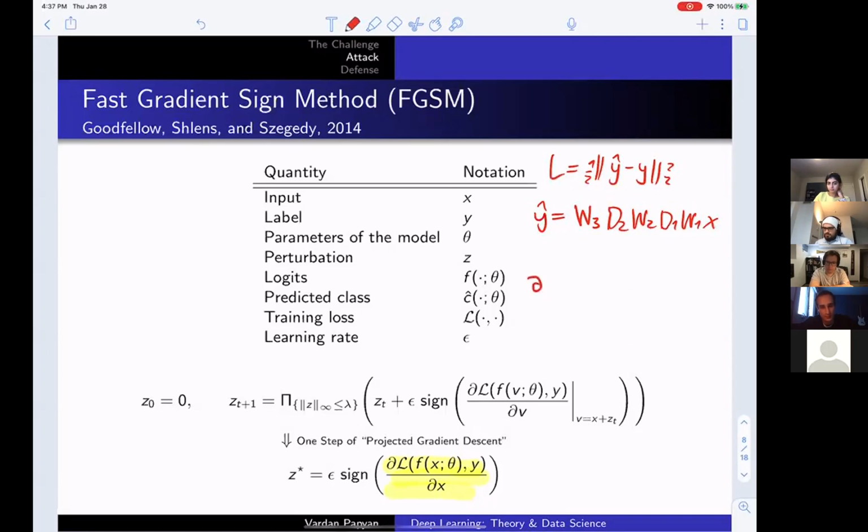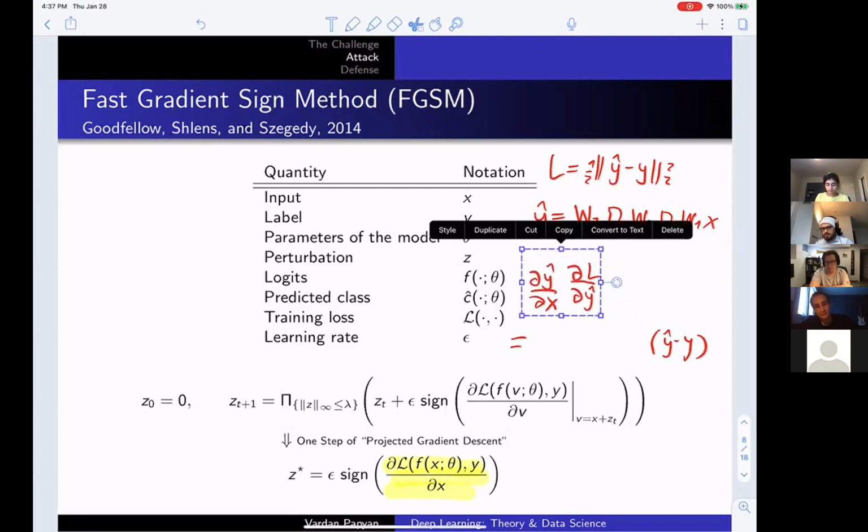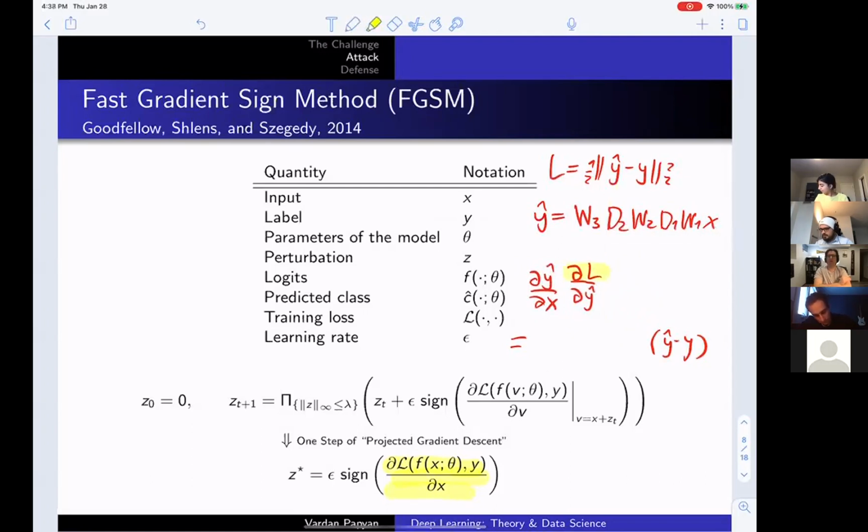So using the chain rule, it is the derivative of the loss with respect to y hat, multiplied by the derivative of y hat with respect to x. So what do you get? You get something like y hat minus y. I guess I should switch the order, that would make it more proper. That's the derivative of the loss with respect to y hat.